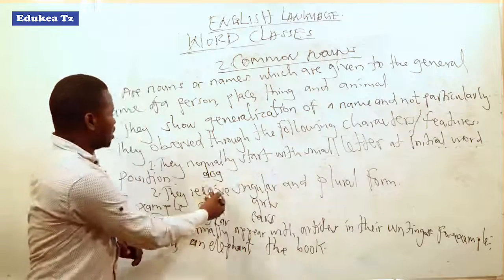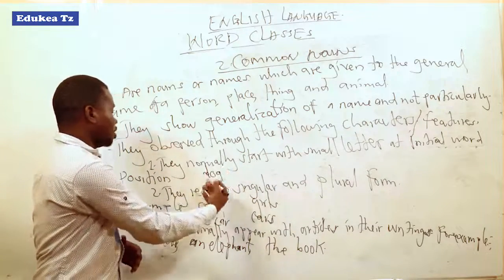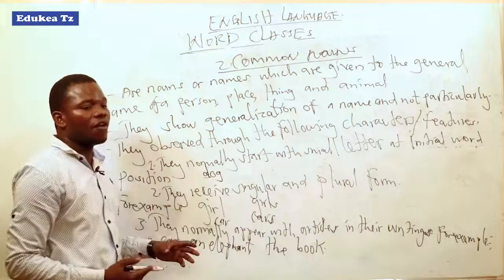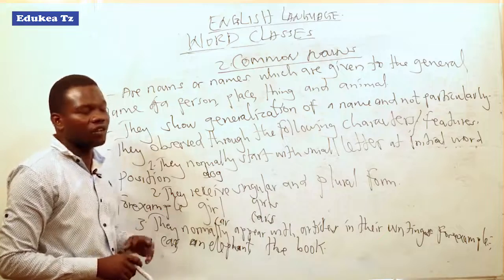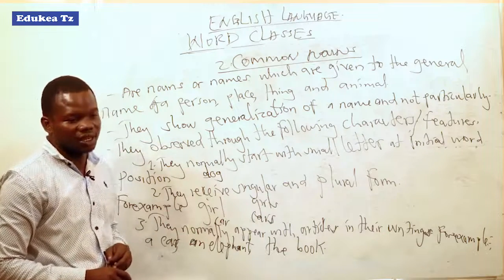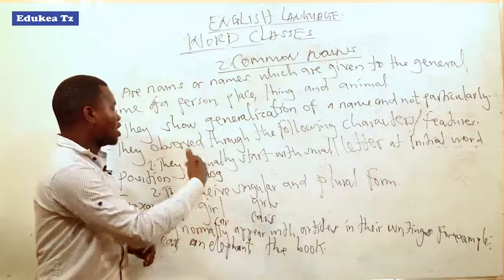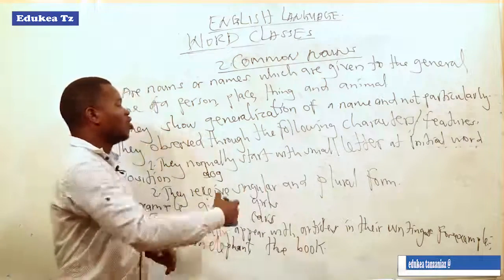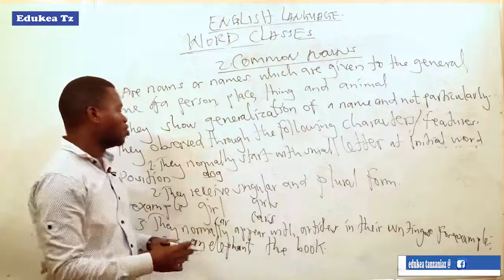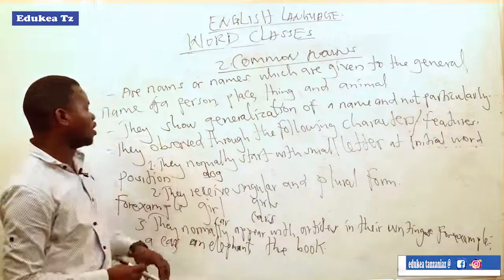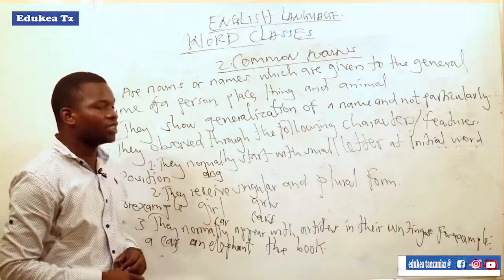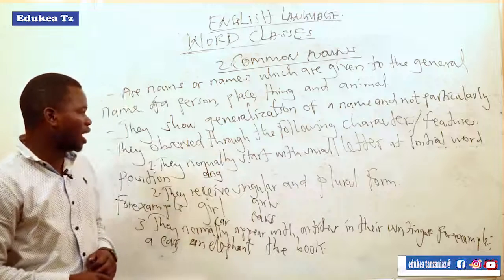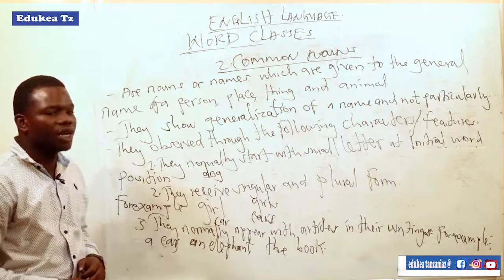We may change the form of a word if it appears in the initial sentence position. But once it appears in other parts of a sentence, for example at the middle or the last position, it appears as we have said in this first character: they normally start with a small letter at the initial word position.